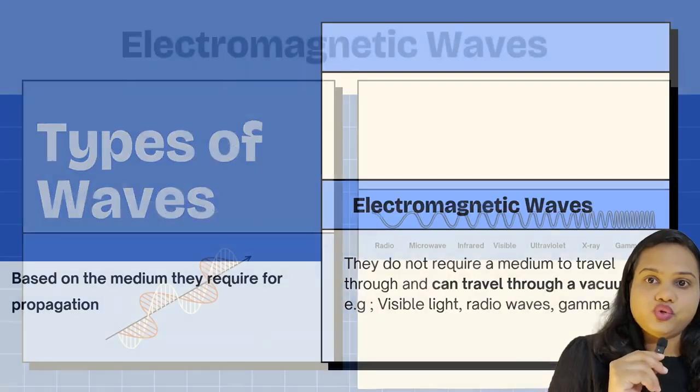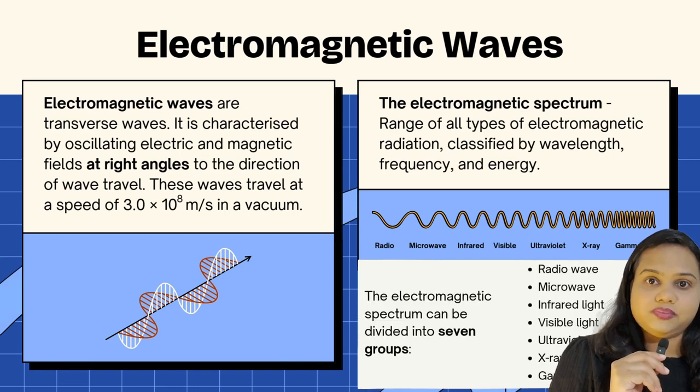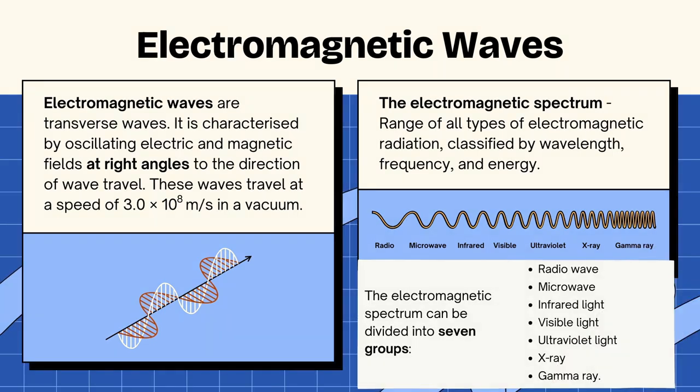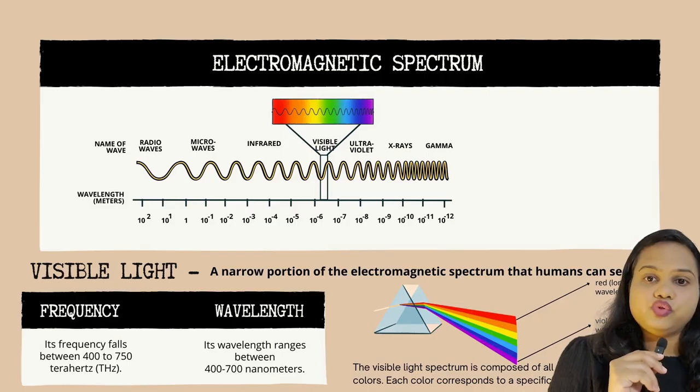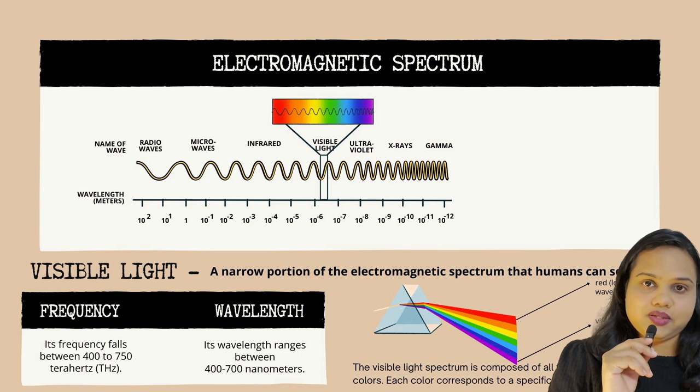Alright, let's zoom in on electromagnetic waves. They are made up of two fields, electric and magnetic, that move at right angles to each other. Let's move to the electromagnetic spectrum. What is an electromagnetic spectrum?